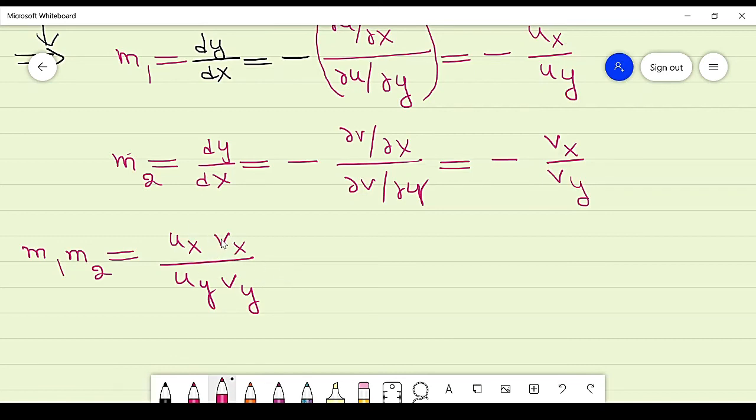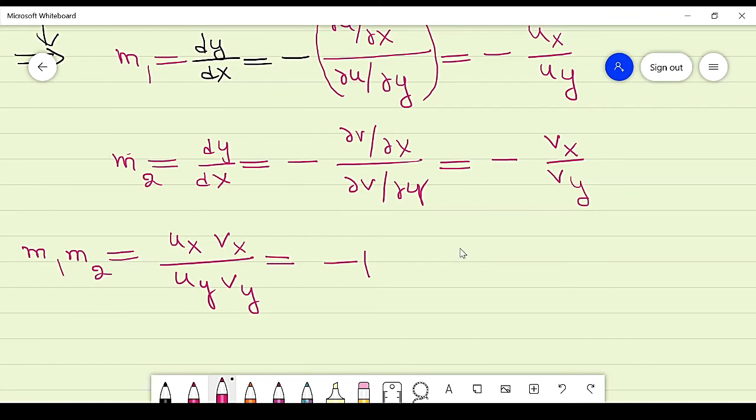Now by using the Cauchy-Riemann conditions, ux equal to vy and vx equal to minus uy, they cancel each other and we get -1.